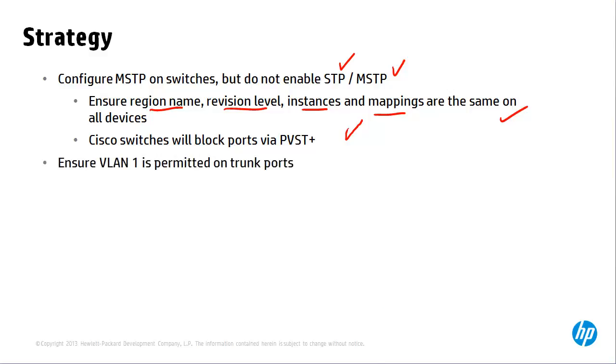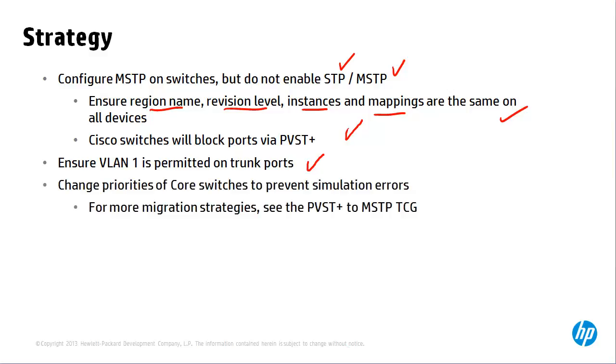It's important that you ensure that VLAN 1 is permitted on all trunk ports, which it is in our topology. We need to change the priorities of the core switches to prevent PVST simulation errors. Now, we don't have time to go through all the details here. For more migration strategies, please see the PVST to multiple spanning tree TCG.